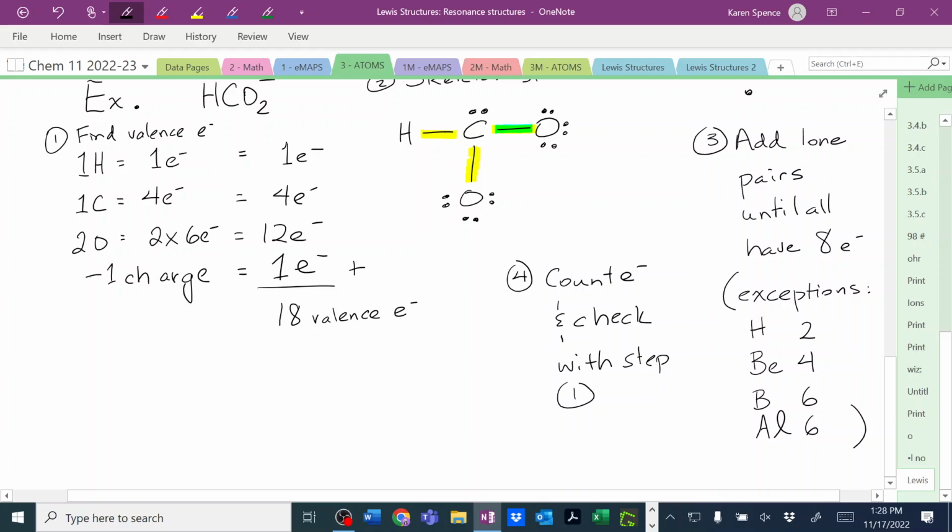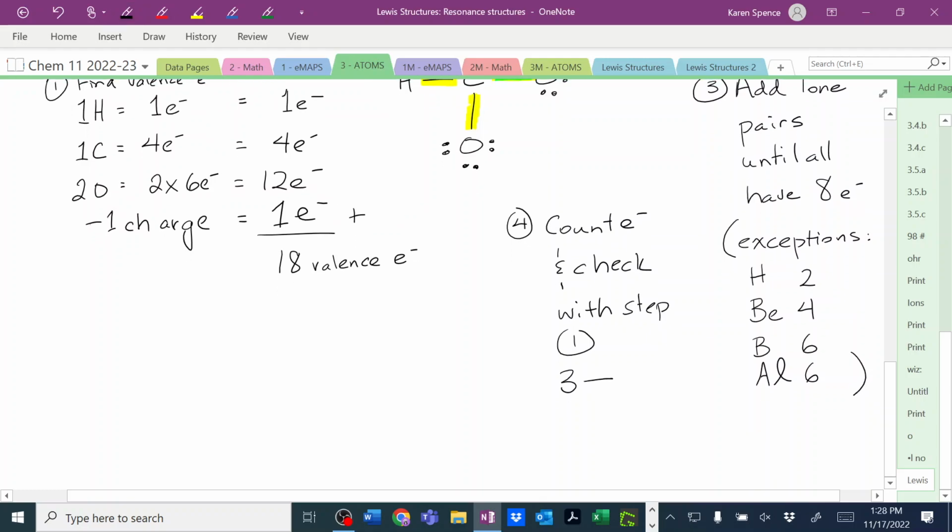So we look at our structure and we say we have 3 lines in the structure. Each line is 2 electrons, so that's 6.